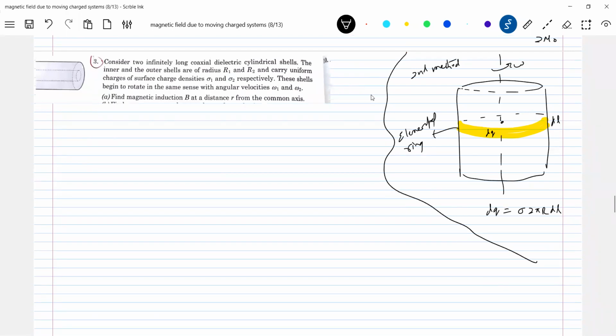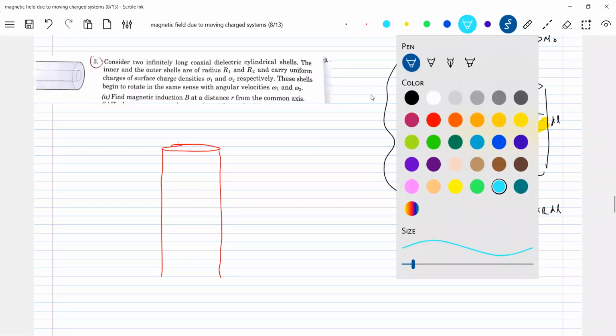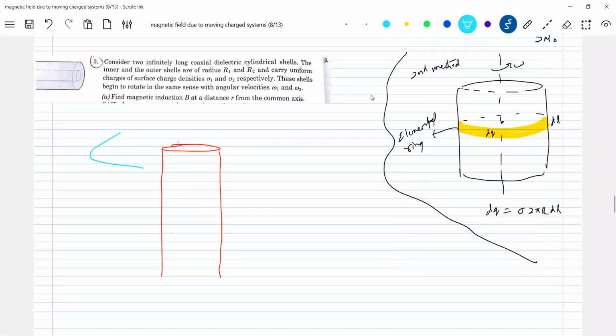Okay, let me put the diagram in a slightly simplified way. Two rings are there. Already you know the formula. Take help of only the resultant superposition of the fields. You carry on and get the answer.